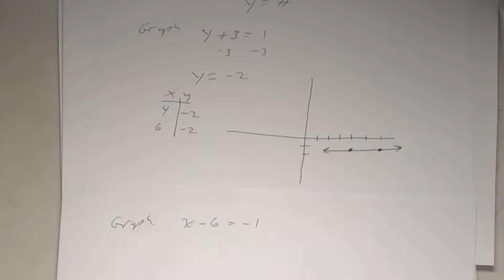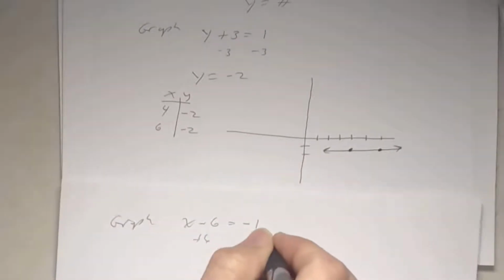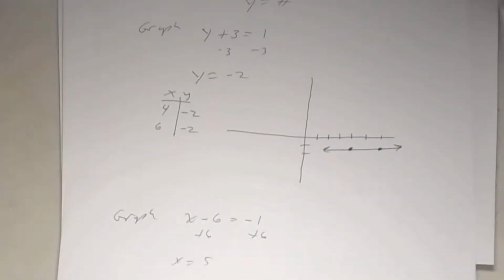So you have to notice that it is linear because it's x to the first, but the variable y doesn't show up there. So the best way to graph this is to actually do what? Right. So basically you're getting the variable by itself. So you get x by itself. So you're going to add 6 to both sides. And so x equals 5, and now you know what to do.